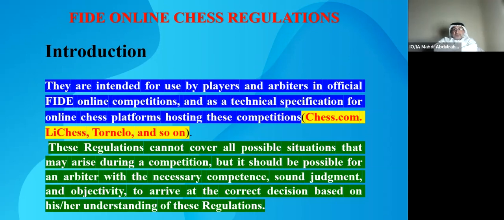The regulation cannot cover all possible situations that may arise during the competition, but it should be possible for an arbiter with the necessary competence, sound judgment, and objectivity to arrive at the correct decision. So the arbiter tries his best to arrive at the correct decision based on his understanding of this regulation. Not all articles will cover everything, but here it is the arbiter's job to solve the problem.